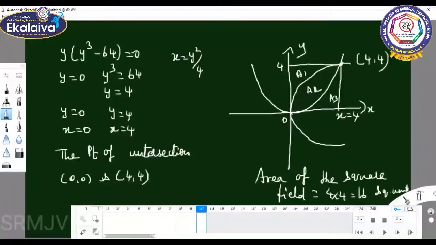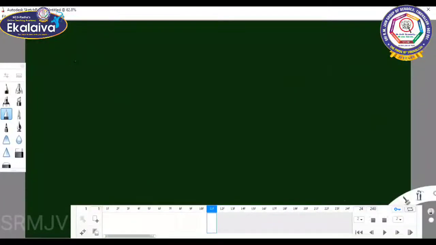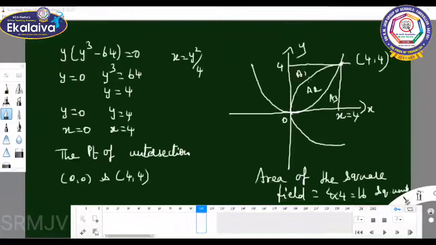You should find out A1 and A3, then you can subtract from 16 to get the value of A2. First, A1 equals the integral from 0 to 4 of x into dy, because this is along the x-axis and the curve is open upward.